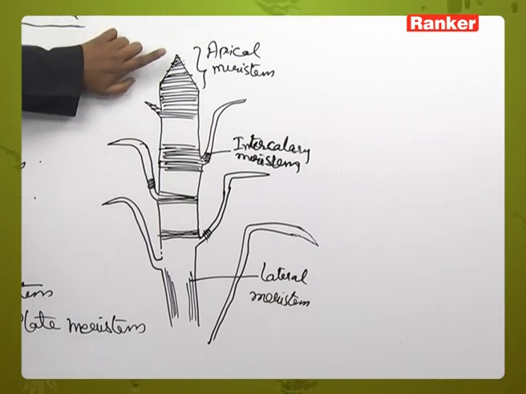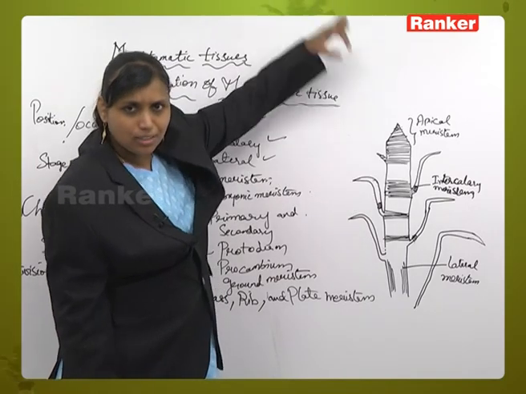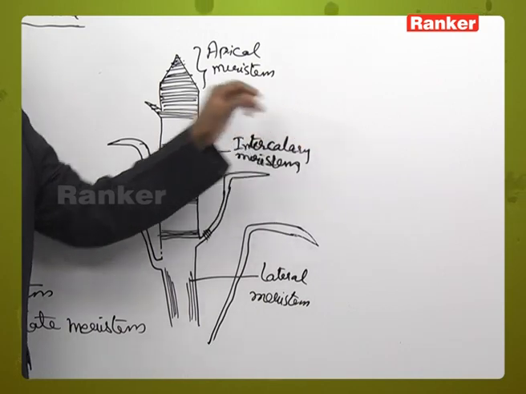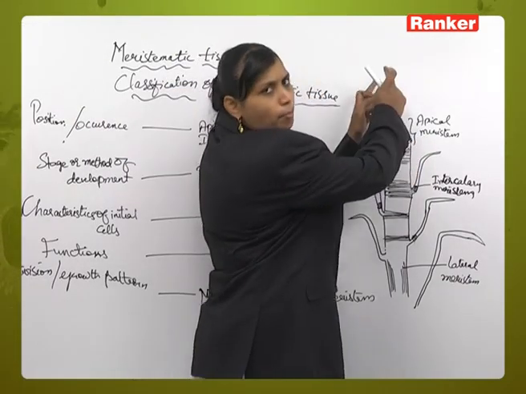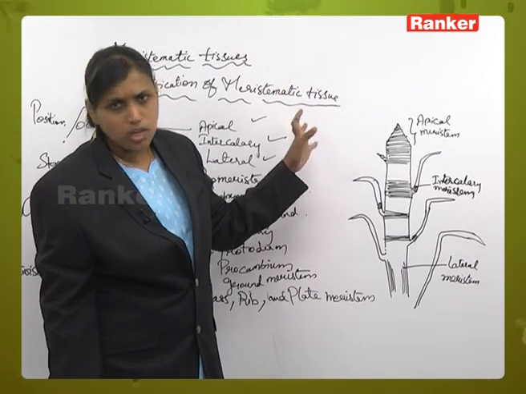The meristems present towards the apex, which help in the increase of the length of the plant body, are called apical meristems. As the diagram depicts, it is towards the peak point or at the apex point. It may be either shoot or root or leaf.